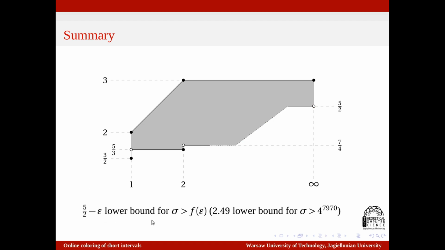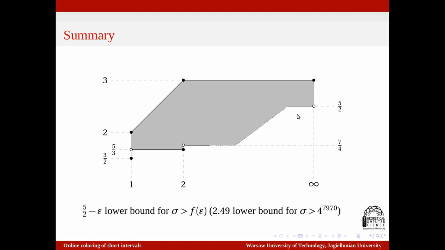So say we want to have a lower bound 2.49, then for some sigma large enough we can get it, and for this particular value the sigma is quite large. But the interesting thing for us is that those lower bounds converge to value 2.5 and not to value 3.